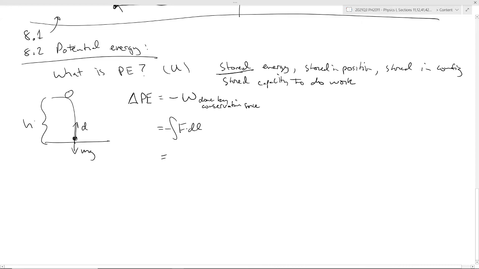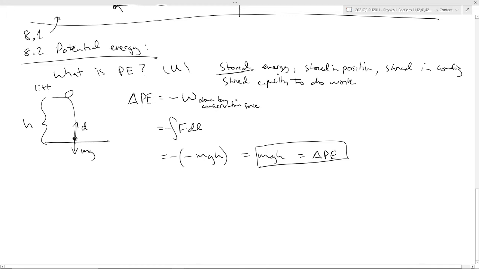If we did this integration, we would find this is just negative mgh, the force times that height. It's negative because the displacement vector and the force of gravity are pointed in opposite directions. Then we have a negative sign times a negative sign, so this would equal mgh. So the change in potential energy, if you lift the object, is equal to mgh. It's positive.